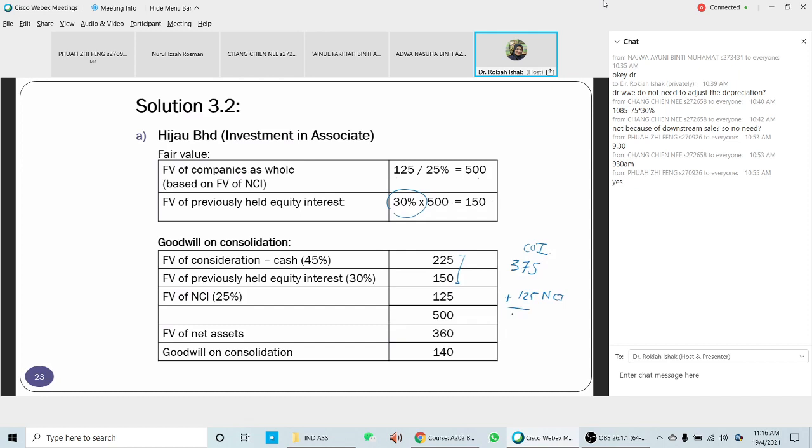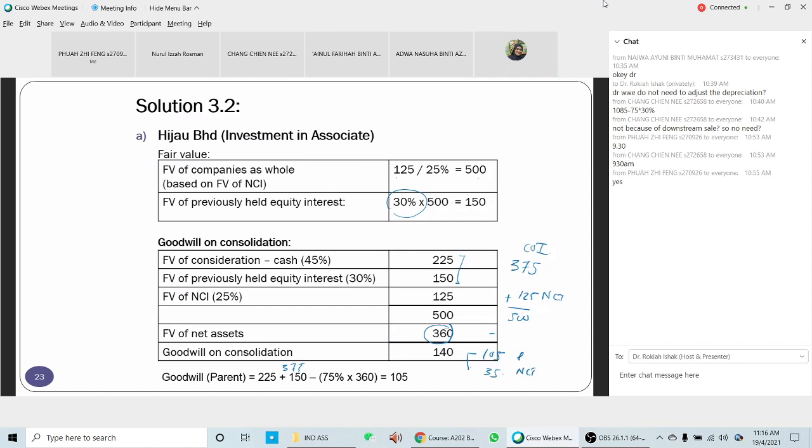So you're going to have 500. The net identifiable asset is given as 360. So we're going to have a goodwill of 140. We're going to calculate this for the parent and also for the NCI. For the parent here, it is 375 minus 75% times 360. So you're going to have 105 for the parent. It means that for the NCI it is another 35.